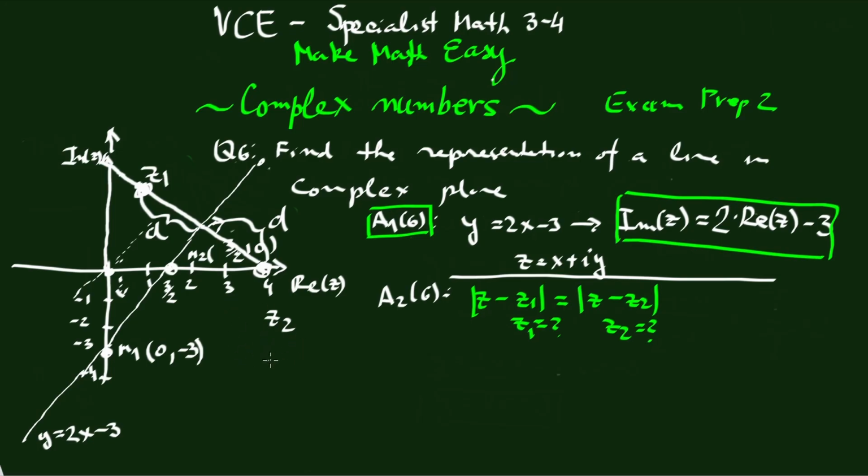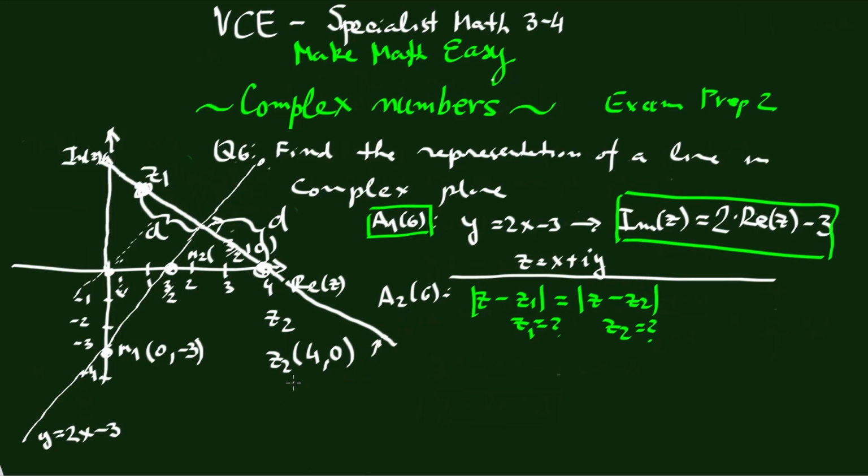The coordinates of z2 are 4 for x and 0 for y. Because it's perpendicular, let's first get the equation of this line. What is the equation of this line?